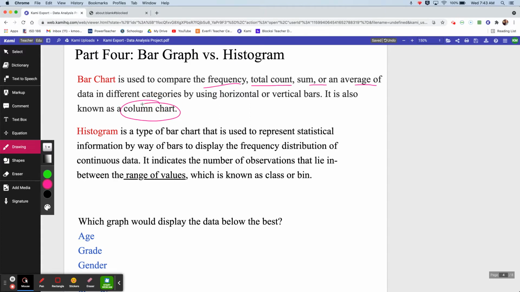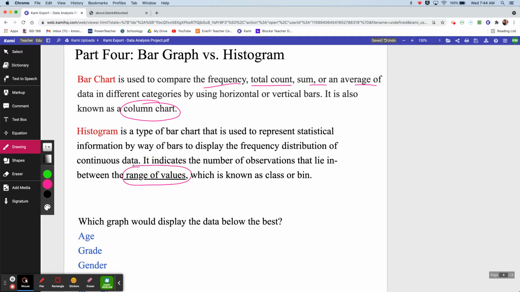Whereas a histogram, the main thing that makes it different, because there's still going to be bars, is that we're just talking about the frequency. Basically, it would be considered the range of values.